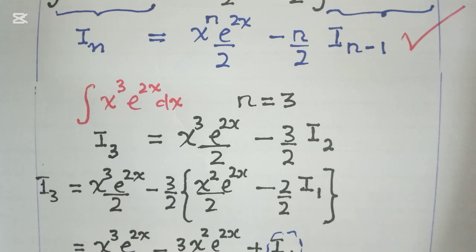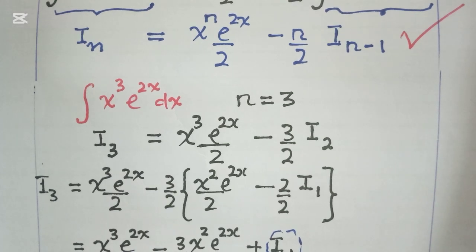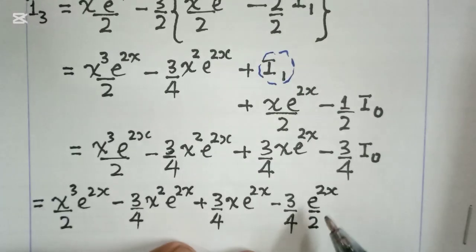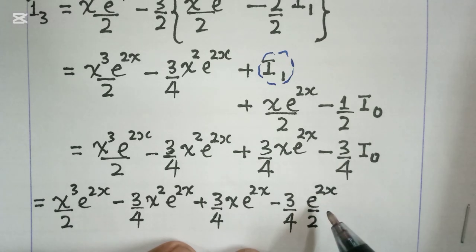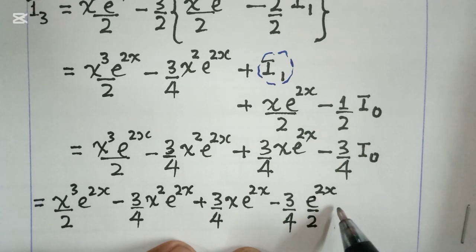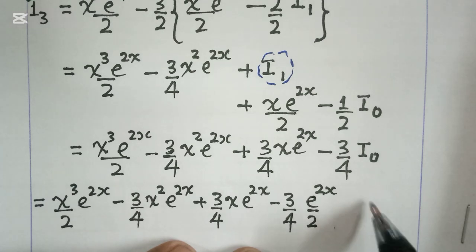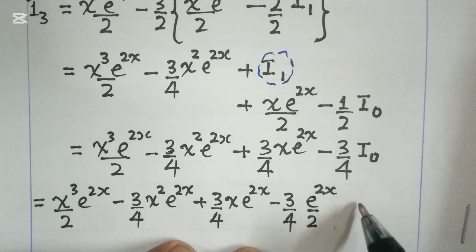So we shall be left with the e raised to 2x all over 2. As I have written there, this is what we are going to be left with, because x raised to 0 becomes 1 minus, now, guys, here is where there is a trick, because we have n over 2 and our n is 0.